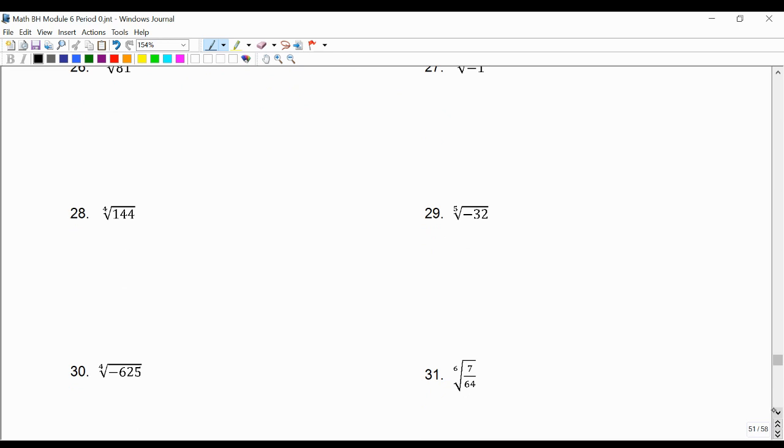If there's any leftovers, let's look at maybe 28 as an example. So fourth root, we might just do 12 times 12, 4 times 3. If you don't need to see this yet again, then by all means, skip or pause this portion of the video. We're looking for a four of a kind.